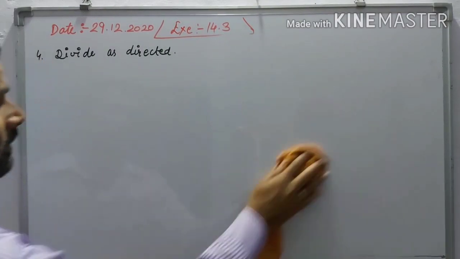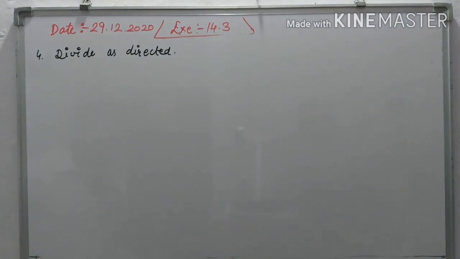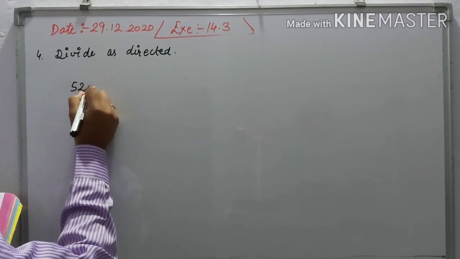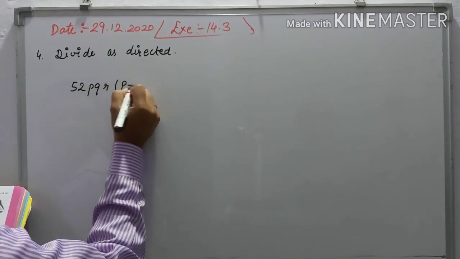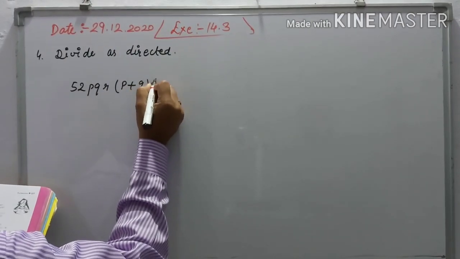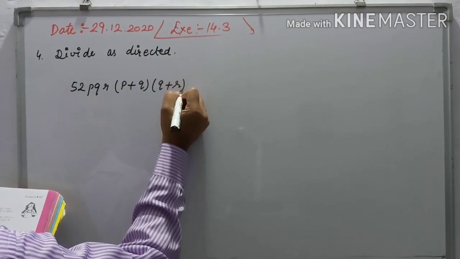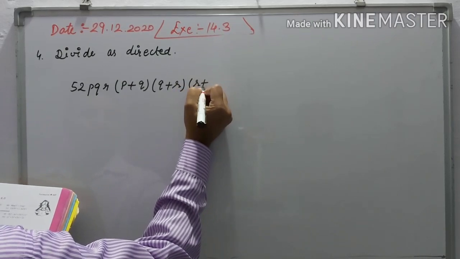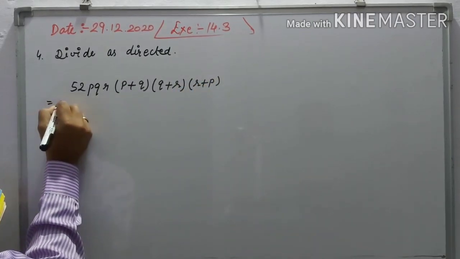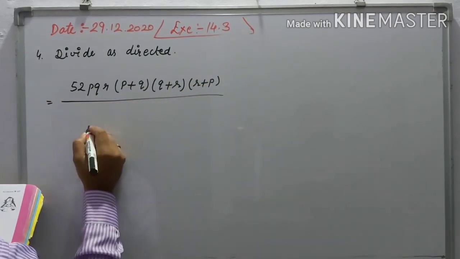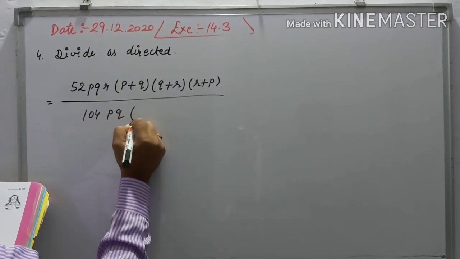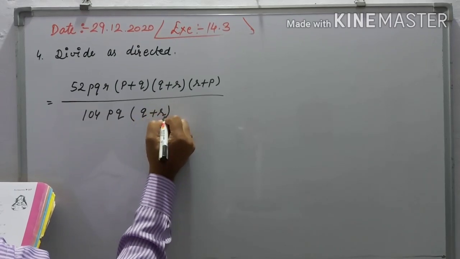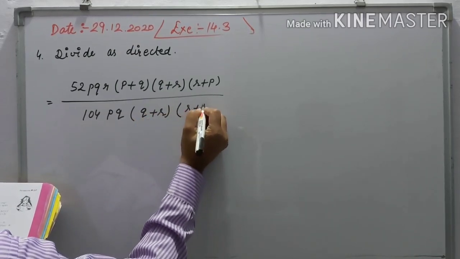Now the third question of this set is 52PQR, and (P plus Q), second bracket (Q plus R) and third bracket (R plus P), divided by 104PQ, the bracket of (Q plus R), second bracket (R plus P).